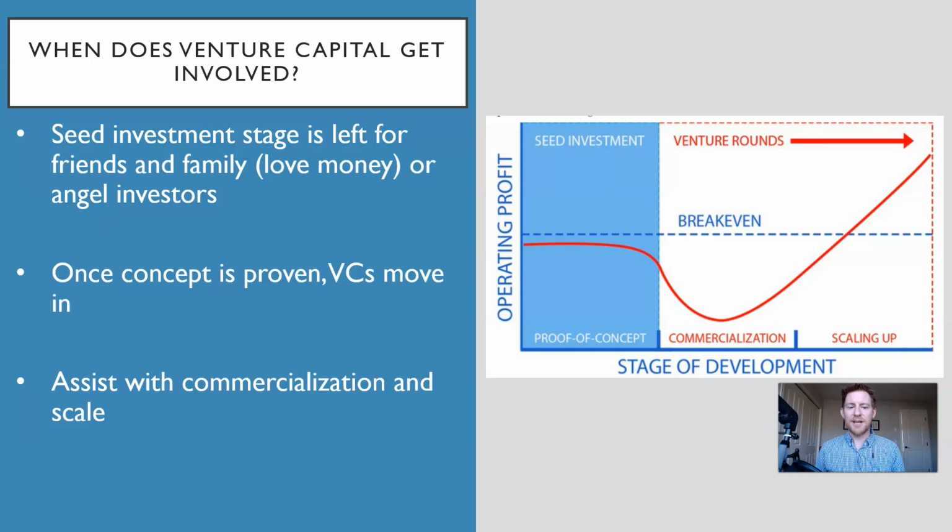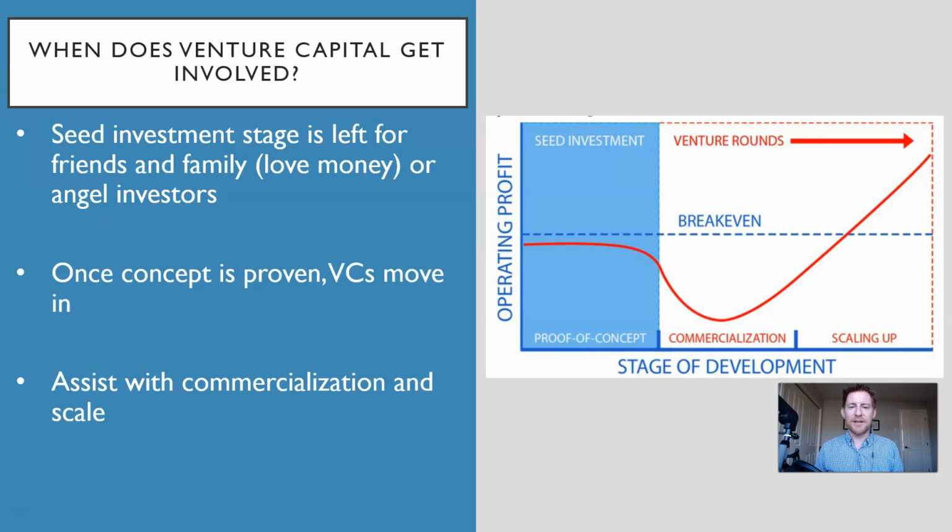Once you're proven and you need that help getting to market, getting bigger, that's when venture capital comes in. So you can see the big red arrow here, the venture rounds, that happens during commercialization and scaling up. So that's your Series A, B, C, D, and so on, as needed by those companies.